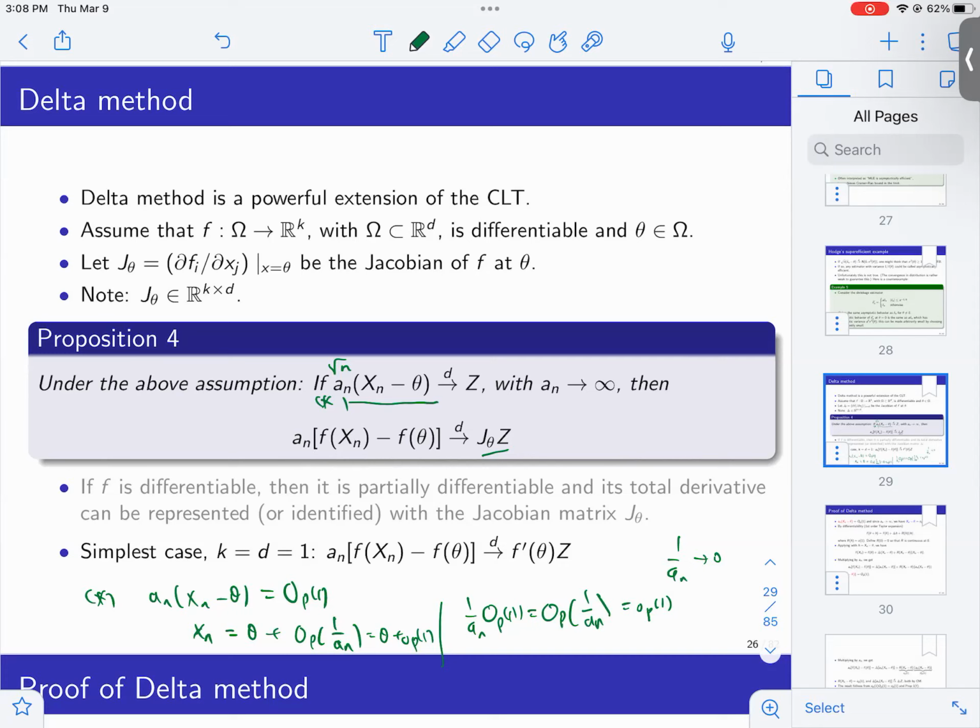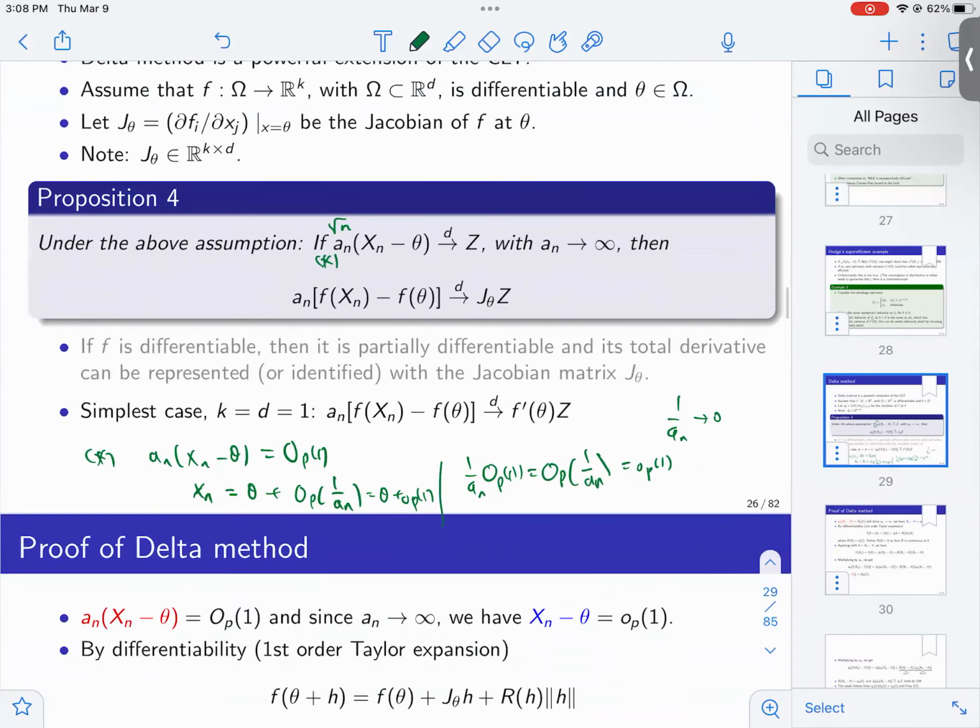And the Jacobian is just this matrix. I'm here assuming that everything is multidimensional, but a univariate version of it is also true. We'll see an example of it. So here's a simple case where everything is one-dimensional.